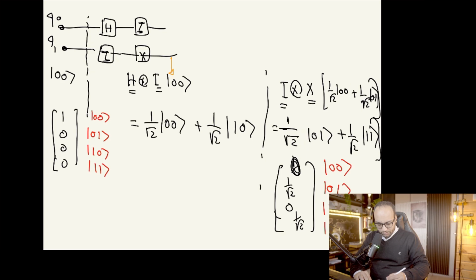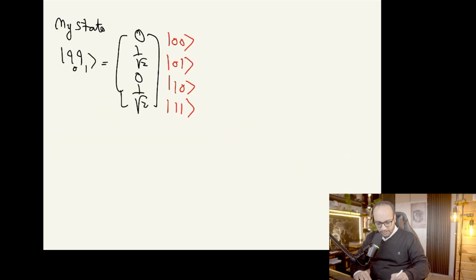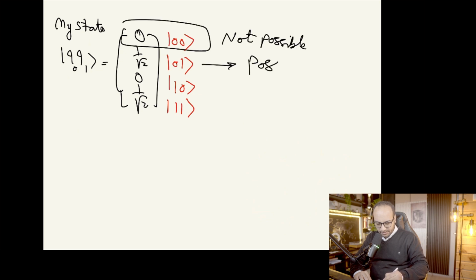Each coefficient corresponds to the probability of what I will find after the measurement. When I do the measurement, the superposition will collapse and I will have a classical state. The classical state will be one of these, and one of these will remain. So this situation, I won't find it. This one is possible because it has some coefficient. There is some overlap. This one is not possible and this one is possible.